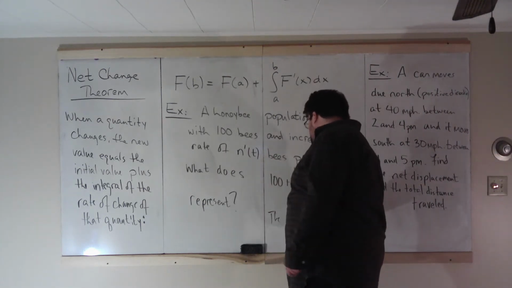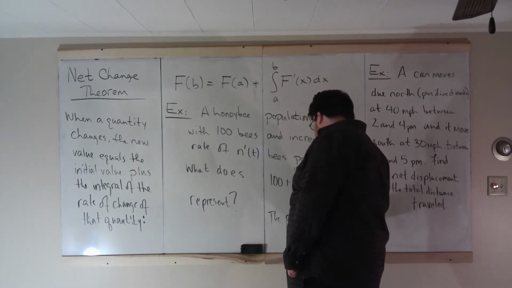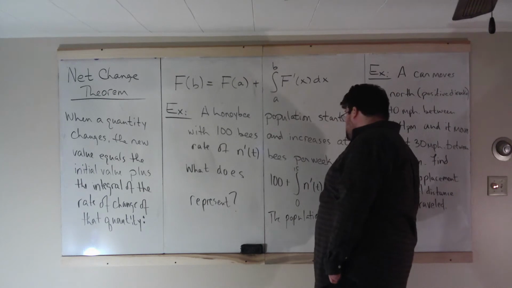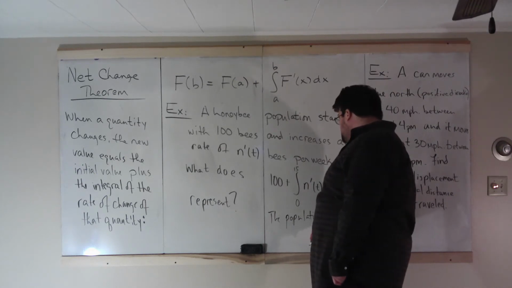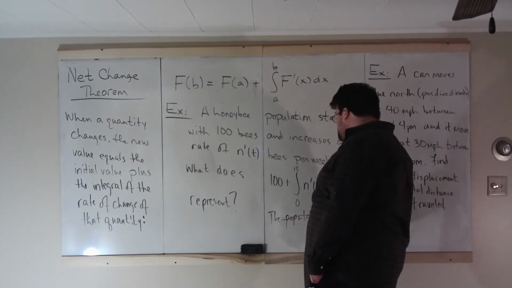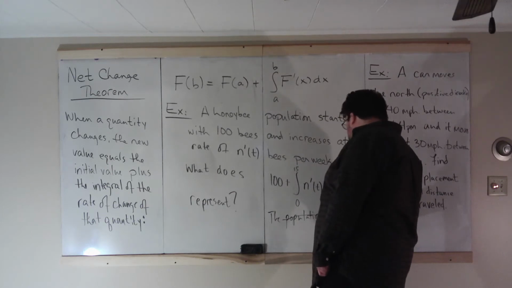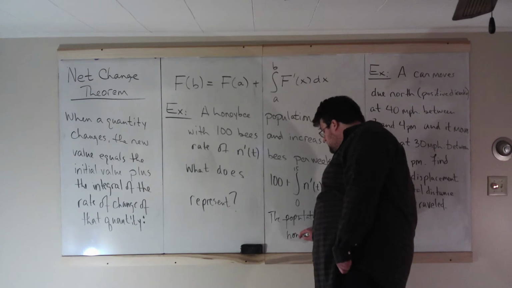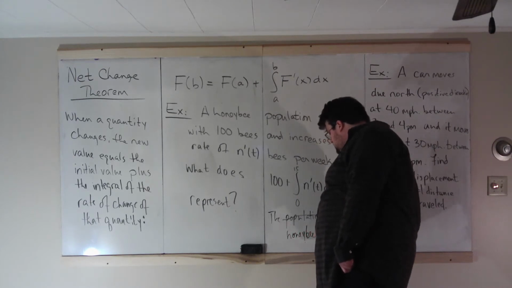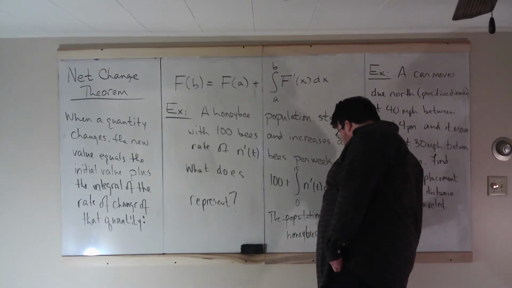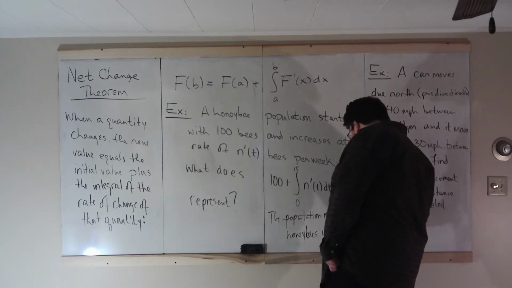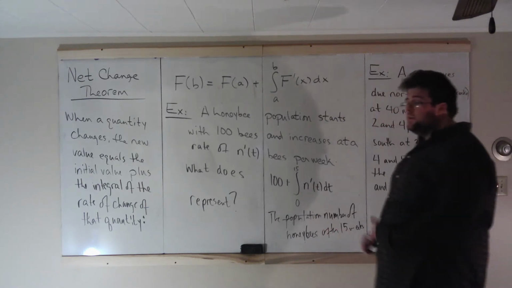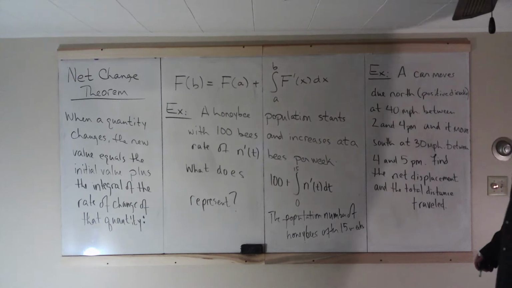So this quantity gives the number of honeybees after 15 weeks. 0 to 15 tells us we're looking across a time interval of length 15.